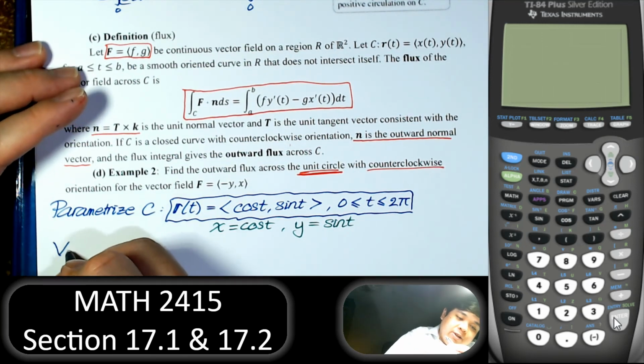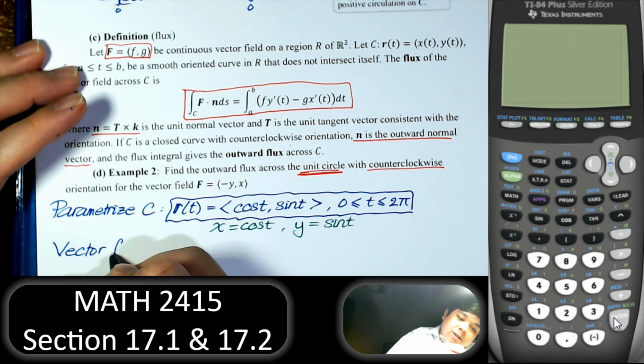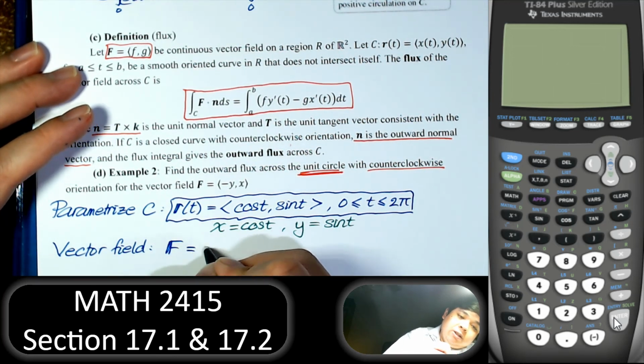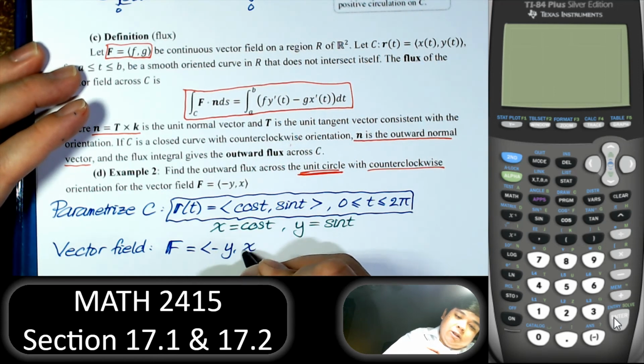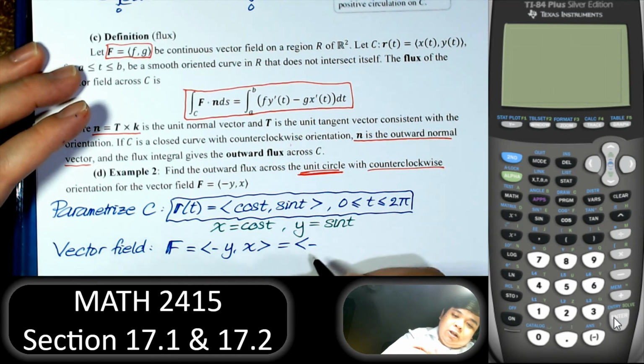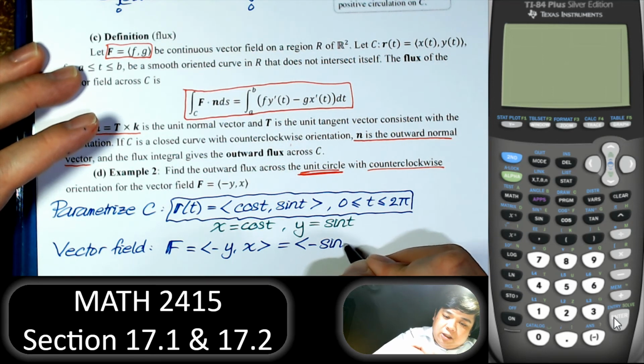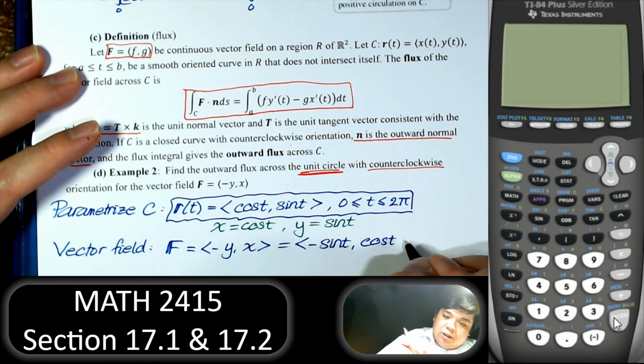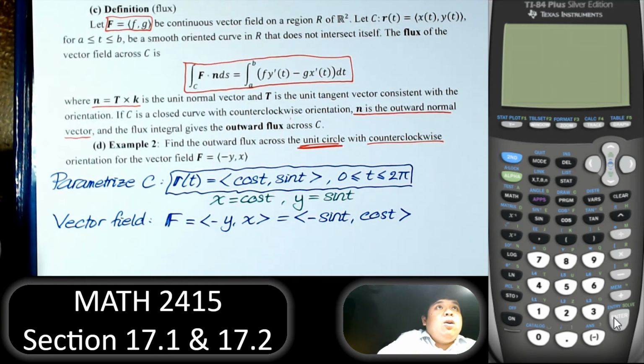And then the vector field: negative sine t for y and x is cosine t.